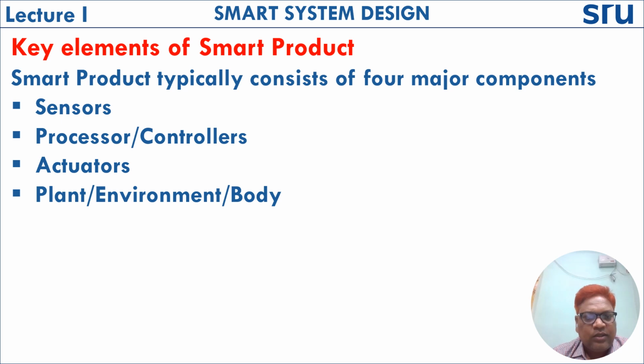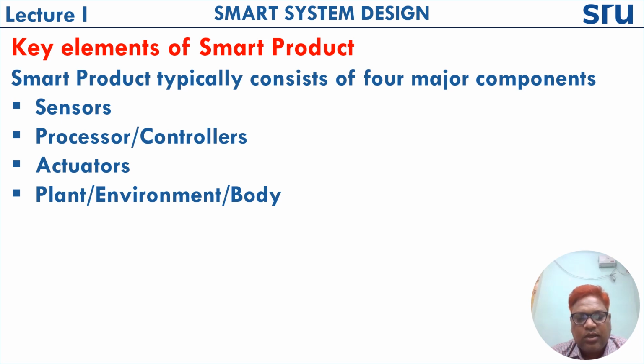Now we will relate the sensors. The human body has 5 sensors, and here the processor is related to our brain. The brain and the processor are both doing the same thing. It will process the data coming through our sensor system, take the decisions and give instructions to the actuators.